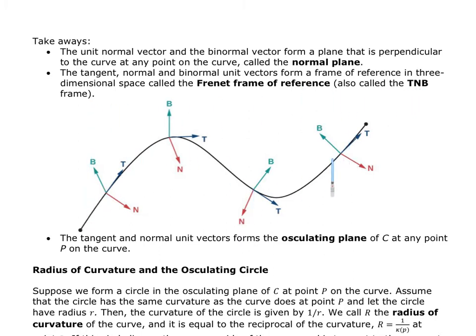So this gives us a frame of reference with all three of the vectors. The tangent and the normal unit vectors form the osculating plane of C at the point P on the curve. Sorry about that.